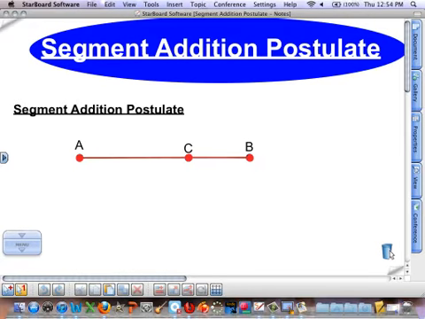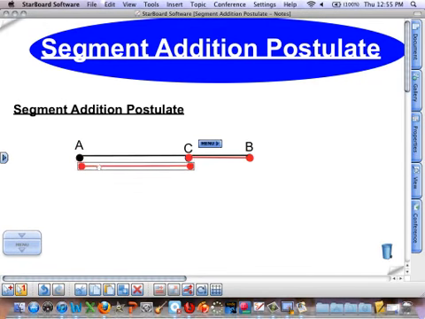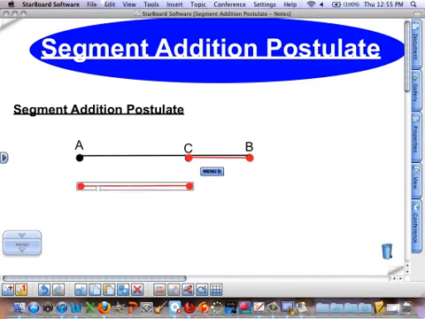If I grabbed AC and brought it down, and then I grabbed BC and brought that down, together, what would I get? AB. I get the whole segment AB.